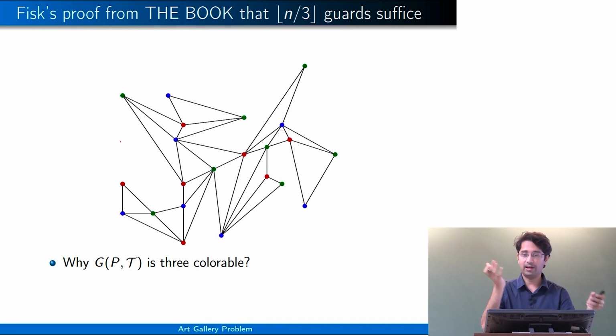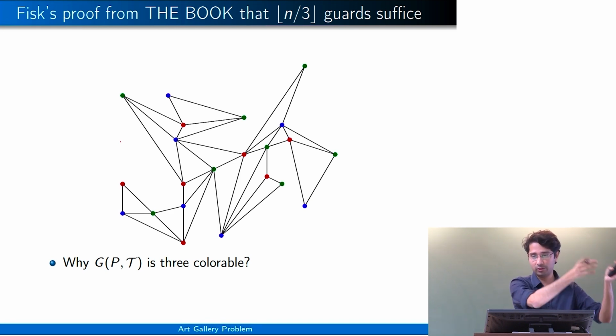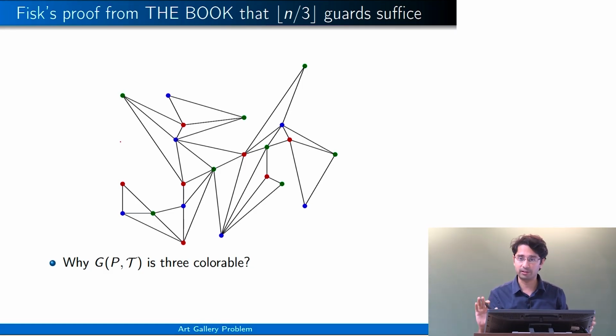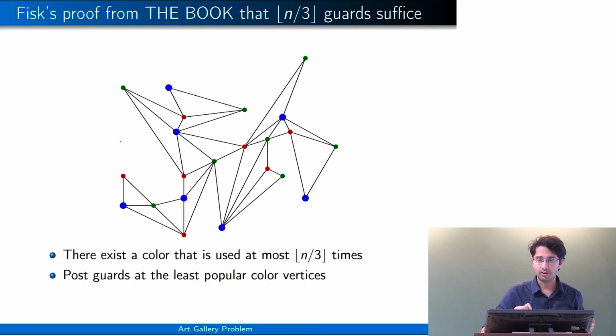So there are n vertices you are putting into 3 boxes, like 3 colors. One bag will have at most n by 3 vertices. I will place a guard at all those vertices. For example, here the least used color is blue. You can verify that. And what I will do is put a guard on all the blue vertices.